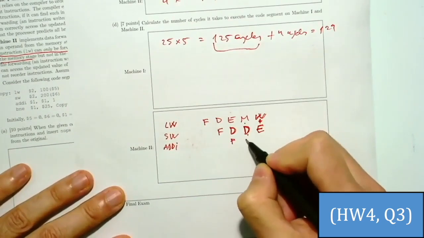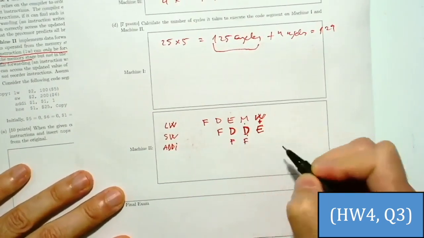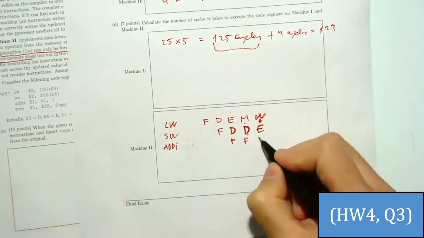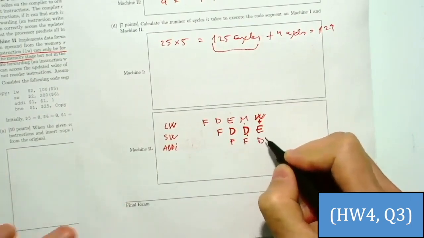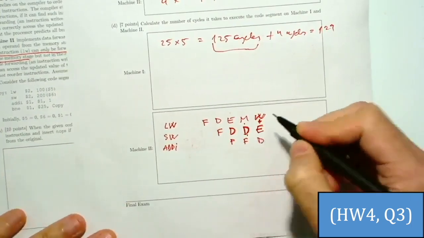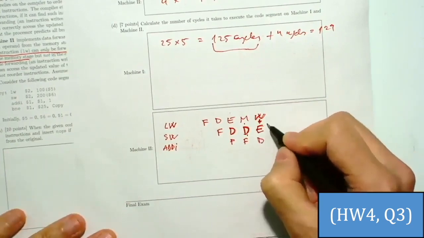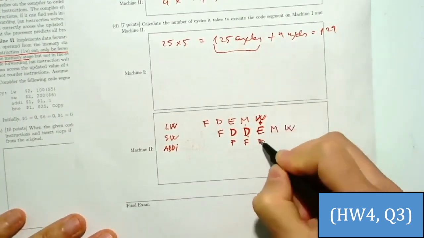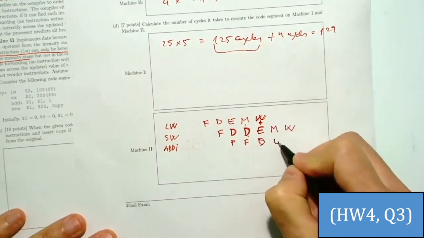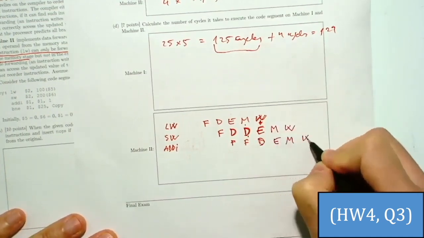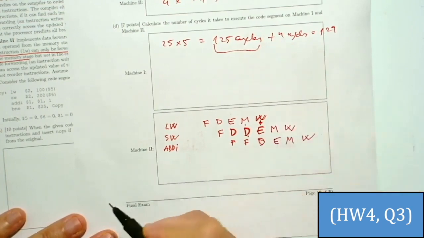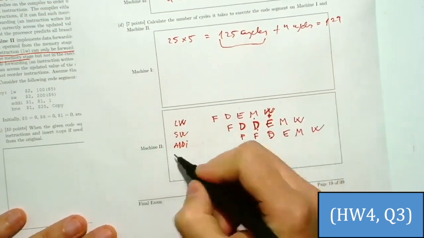We have to wait because the decode stage is occupied. And then decode. Well, here I missed the other stages. Decode, execute, memory, write back.